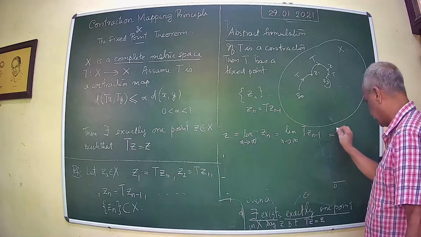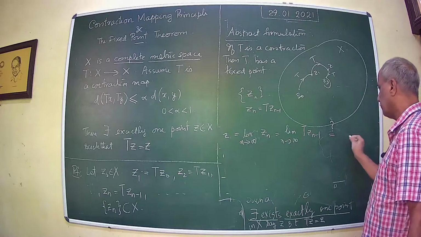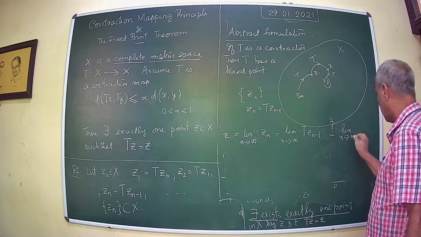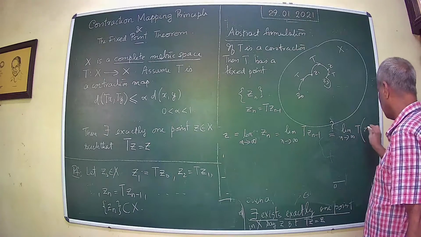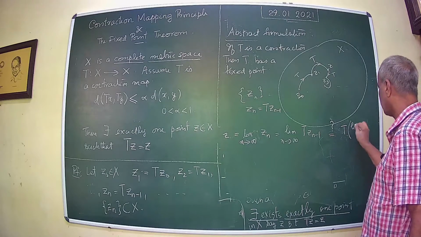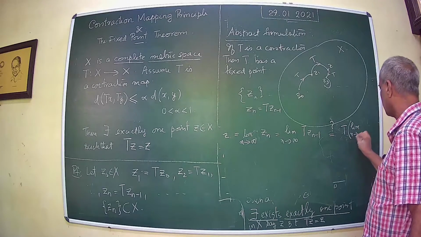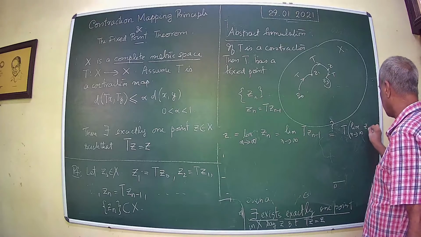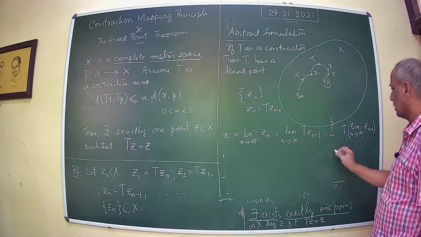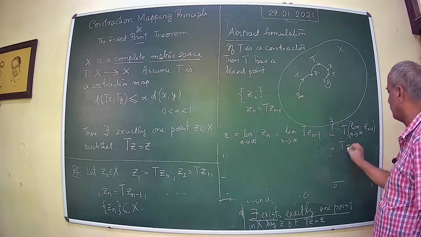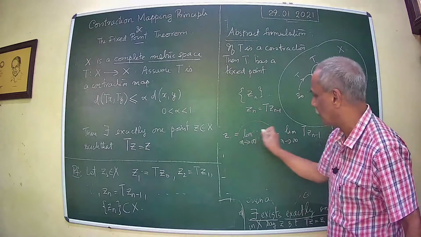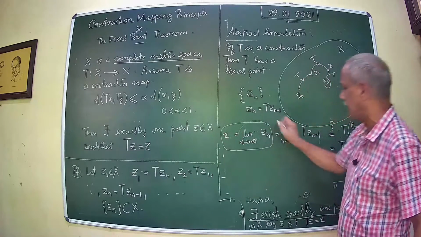And this is the question that you have. If this is possible, if the limit as n tends to infinity of T of Zn minus 1, then this is equal to T of Z. Therefore, what you are looking for is the limit of the sequence Zn.